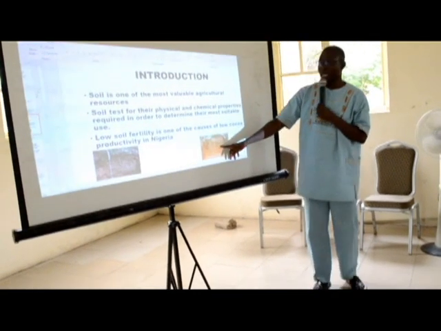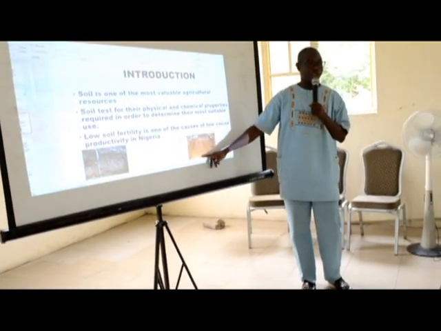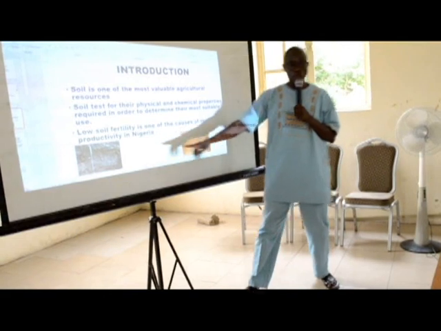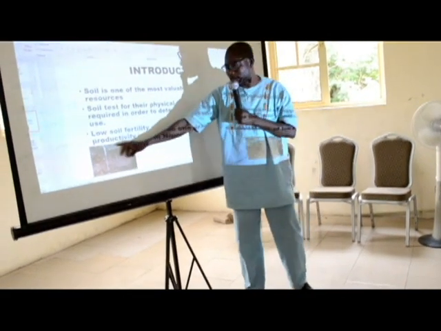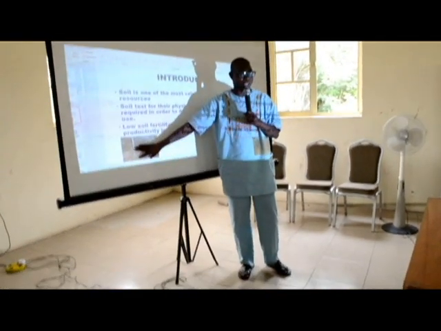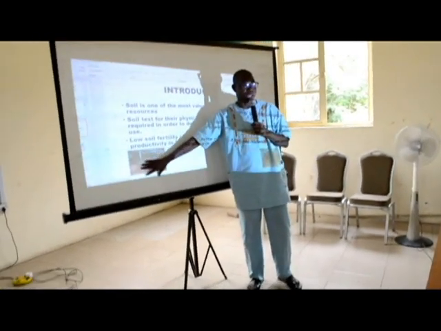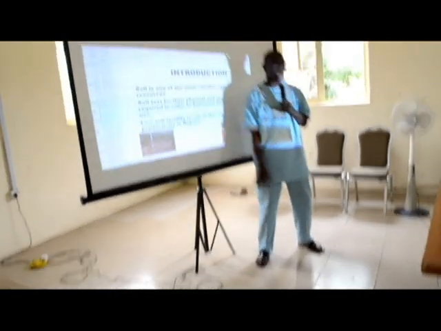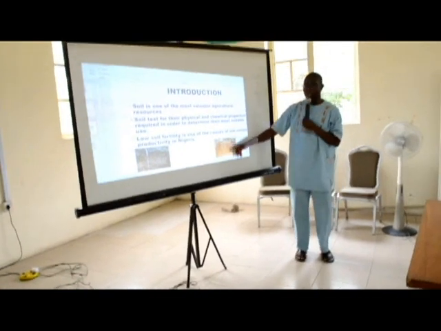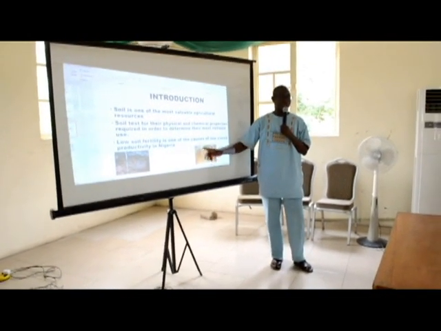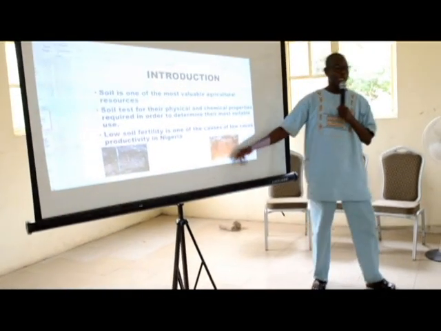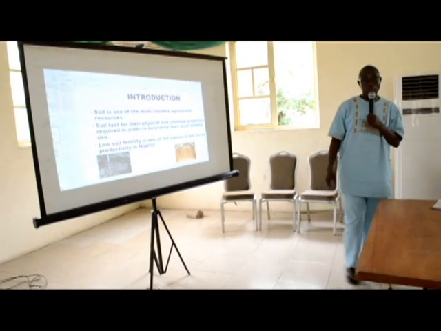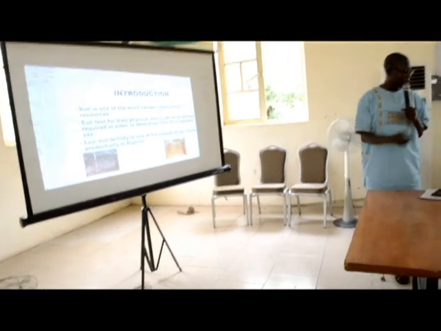This is under existing cocoa plantation. You can see the difference in the color. This is still very rich because of this dark color. You can see here, this one is specks. We will get to talk more as we go.